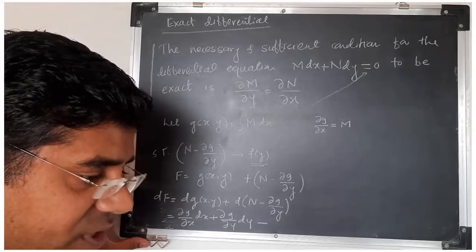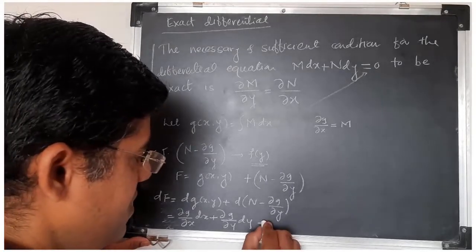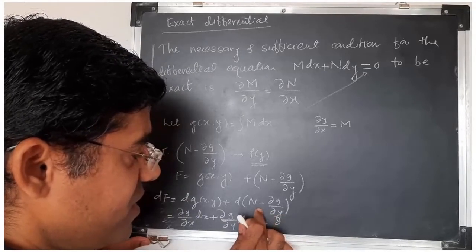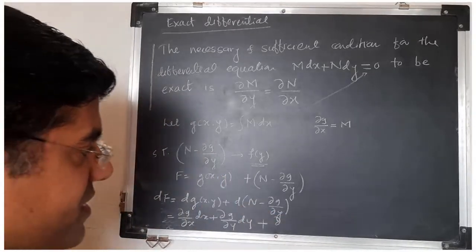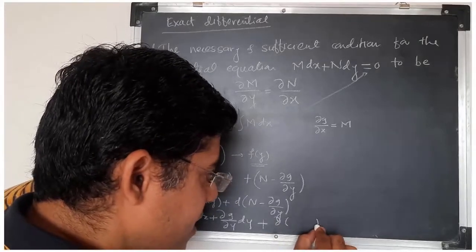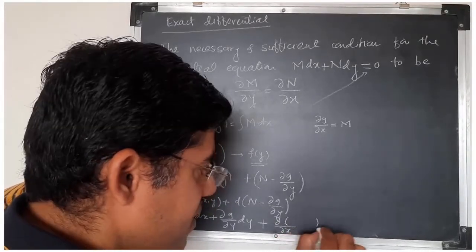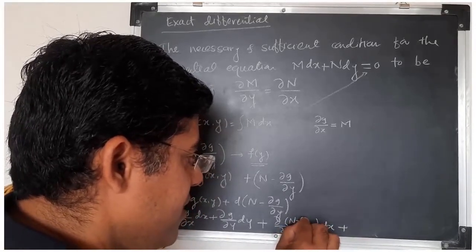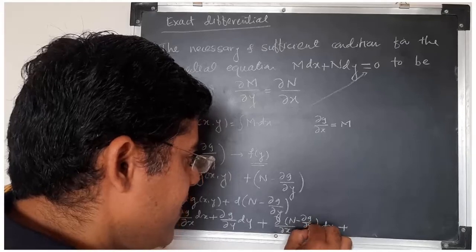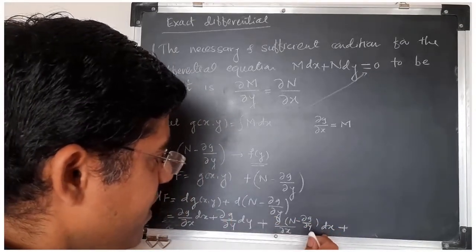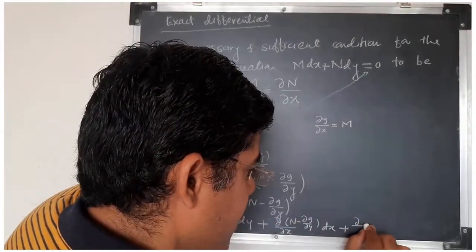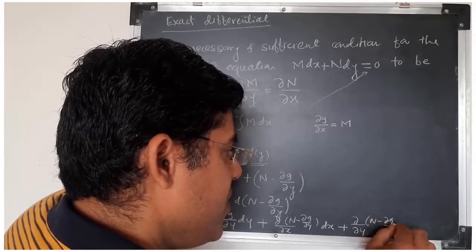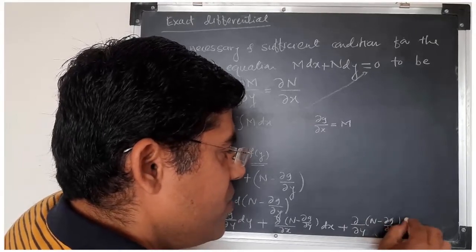Plus ∂/∂x of N minus ∂g/∂y into dx, and ∂/∂y of N minus ∂g/∂y into dy.